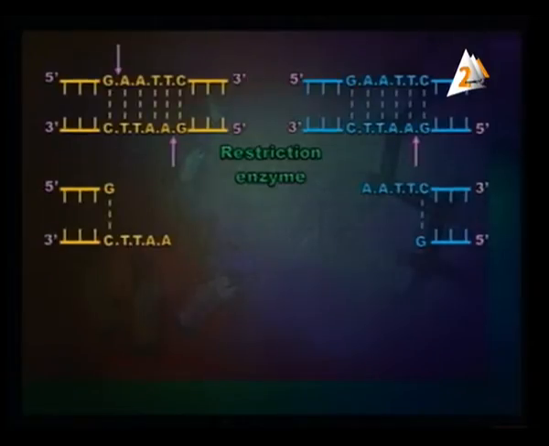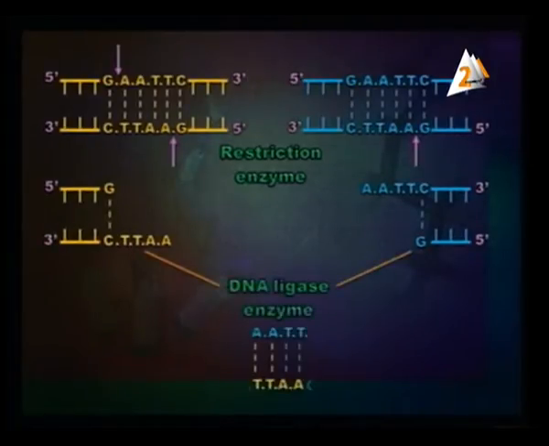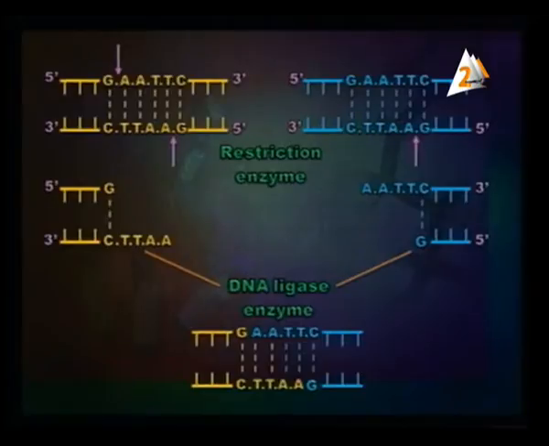So there is a recognition site, and the restriction endonuclease breaks this DNA at this recognition site, and the strand is cut, leaving two ends which are sticky ends. We call them sticky ends because they are single-stranded and they need to base pair with another single strand.